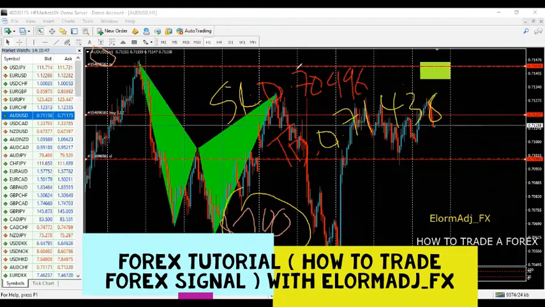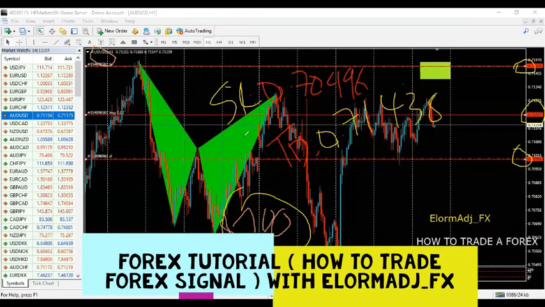So guys, you see the difference, and the entry price is 0.71206. So here they are. So this is your entry, this is your take profit, this is your stop, here is your stop loss.